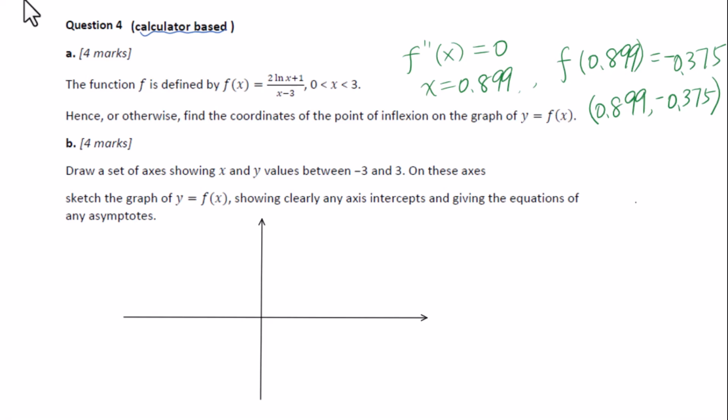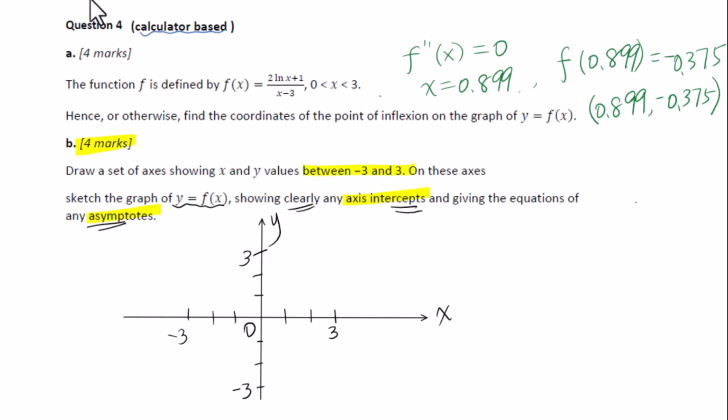On this axis, sketch the graph of y equals f of x, showing clearly any axis intercepts, and giving the equation of any asymptote line. Label 0, x, y. This is 3, negative 3, 3 here, negative 3.